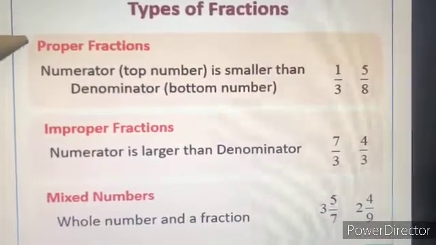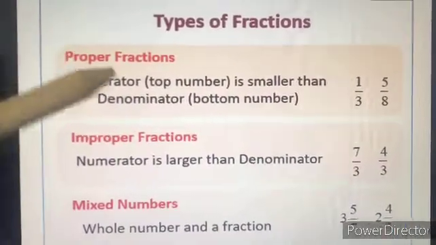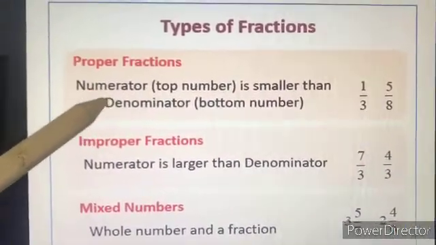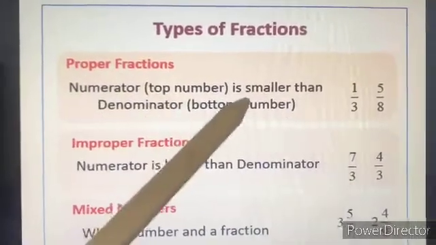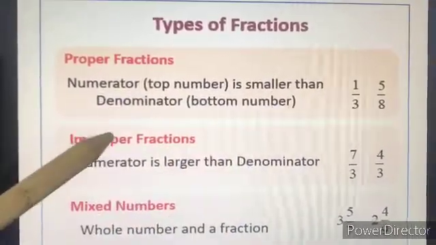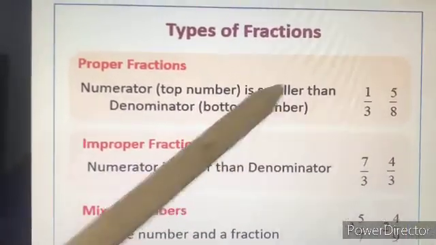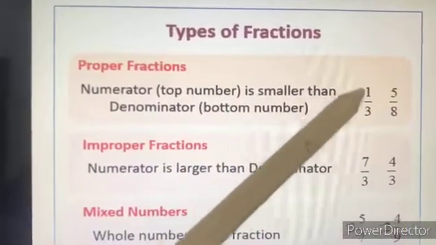So number 1 was proper fraction, in which the numerator, what was the numerator? The top number is smaller than the denominator. So it will be like this, like 1 by 3.